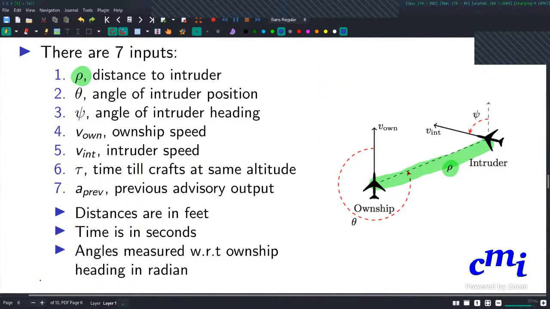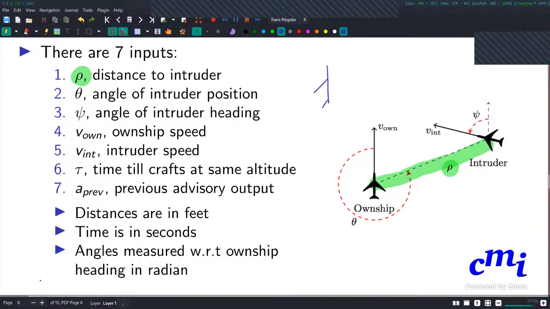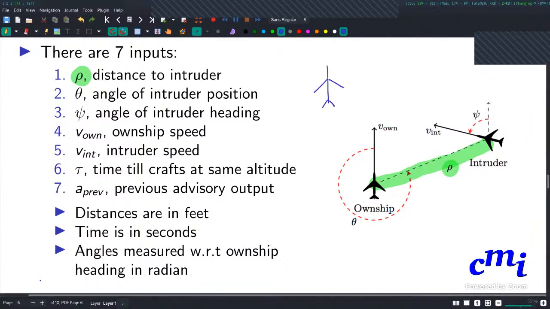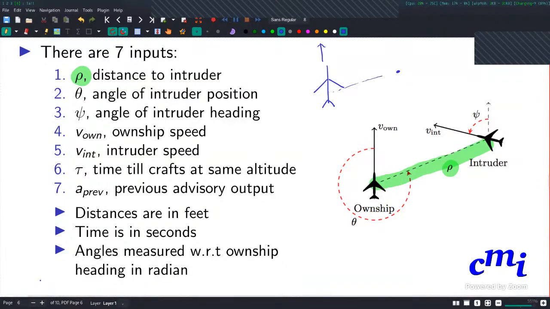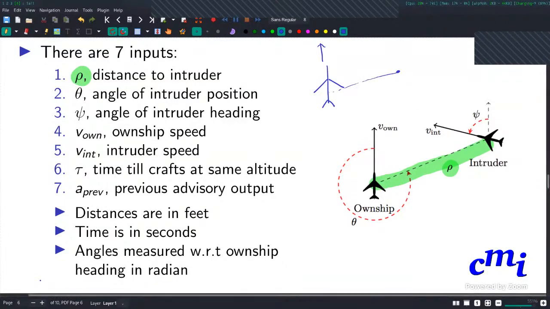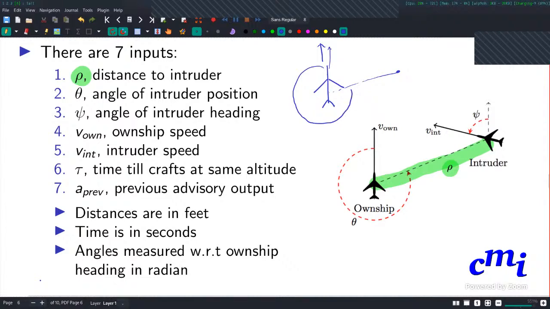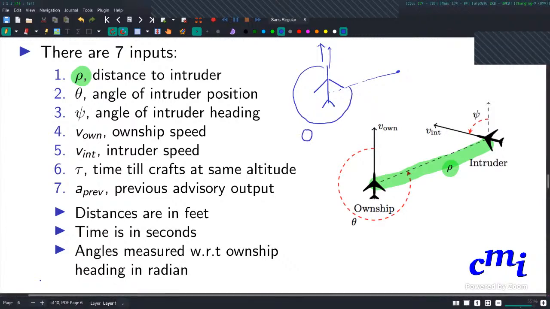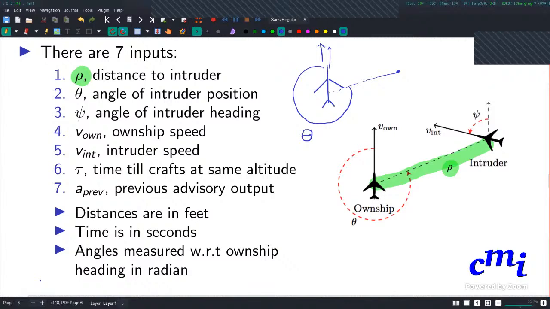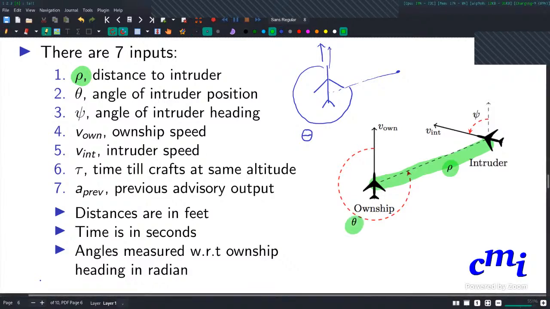So if this is your plane, then you're traveling in this direction. If the intruder is somewhere here, as in the picture, we draw the line connecting your plane to the intruder and measure the angle against your direction of travel in an anti-clockwise way. This angle is called the angle to the intruder, and it's denoted by theta. So this is the second input.